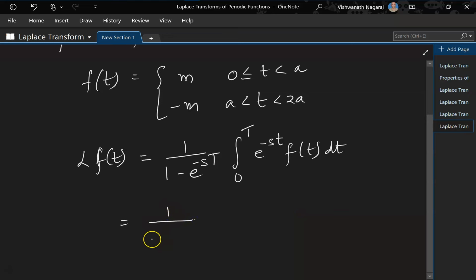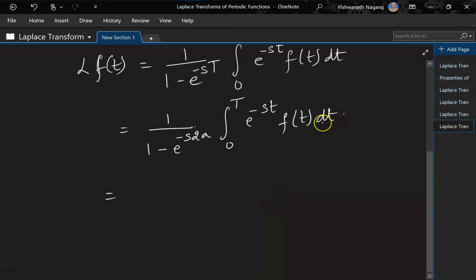1 by 1 minus e to the power of minus s, and the time period is 2a, right? Integral from 0 to capital T of e to the power of minus st f(t) dt.